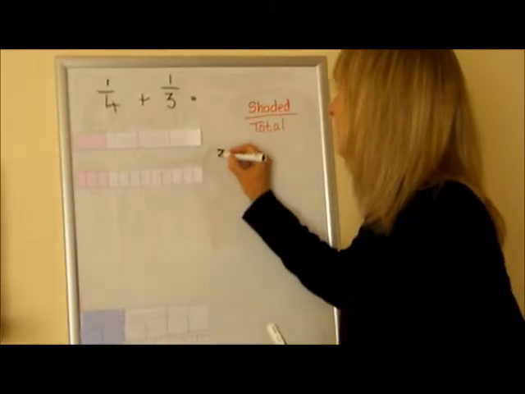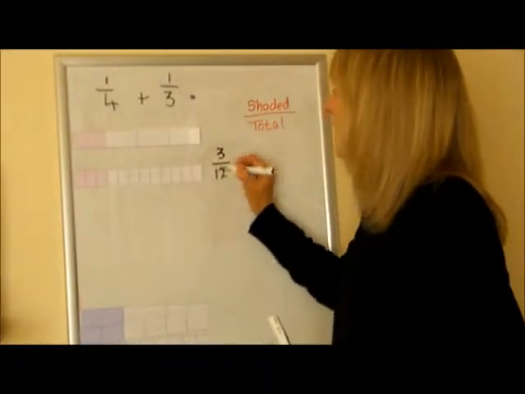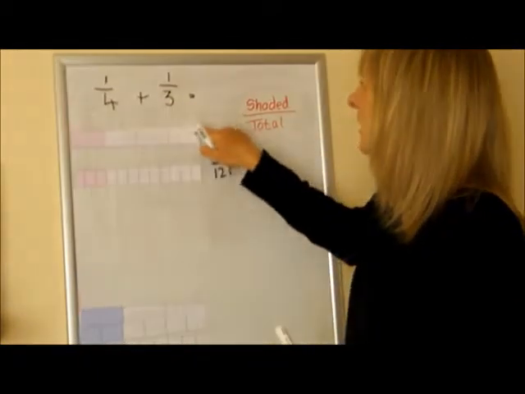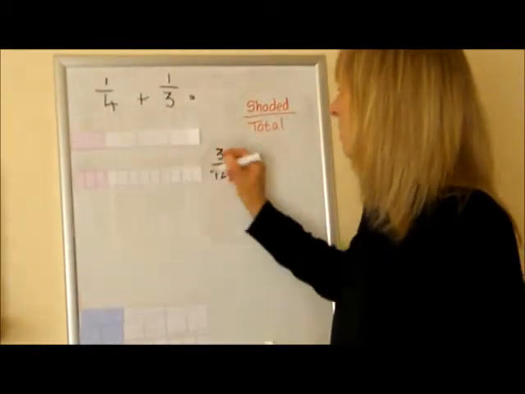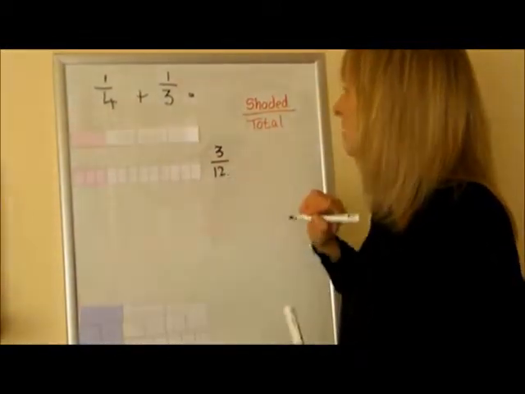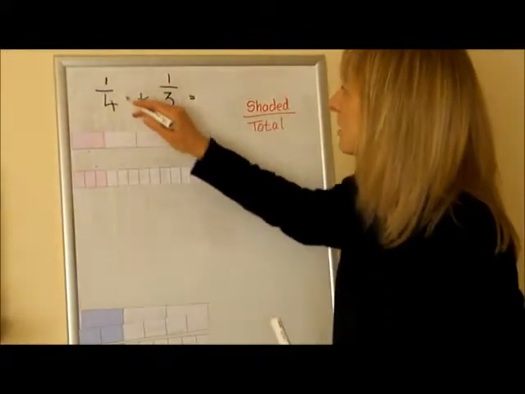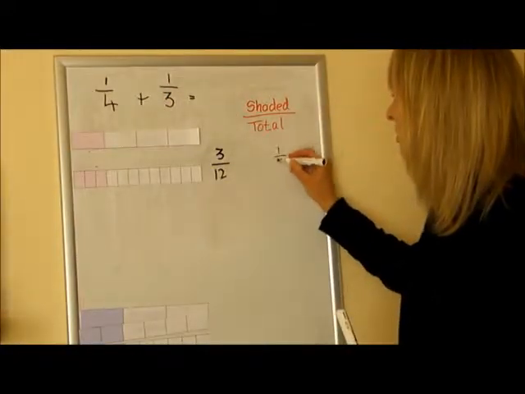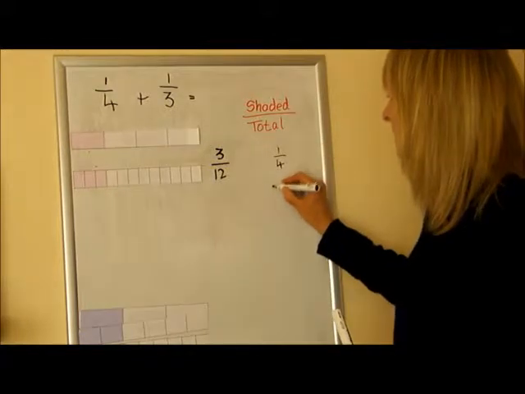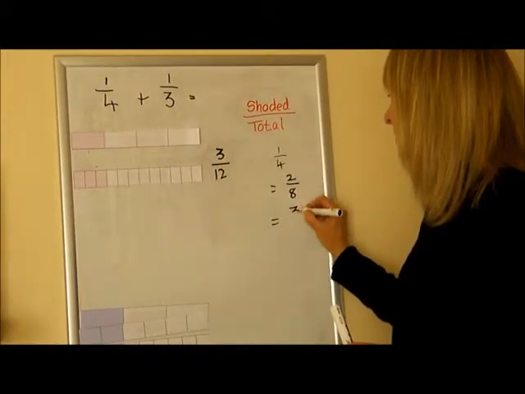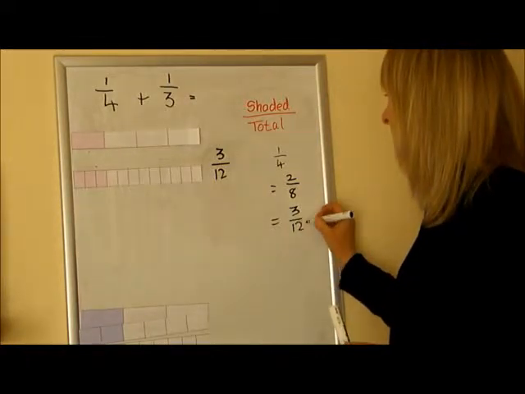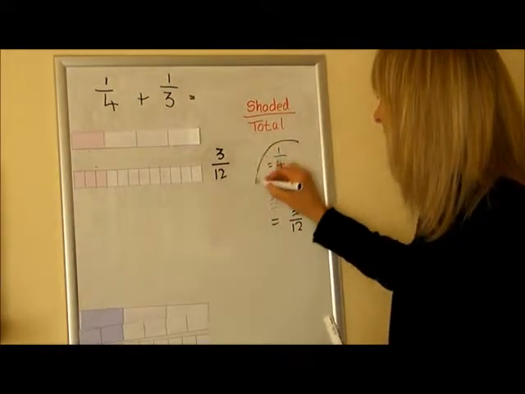So I've now got 3 on my top line. And on the overall, I had 4, but I've actually broken each one into 3, so 4 3s are 12. So on my bottom line I've got 3/12. So we've actually now shown that 1/4 is the same as 2/8, and it's also the same as 3/12. So all of those things are equivalent.